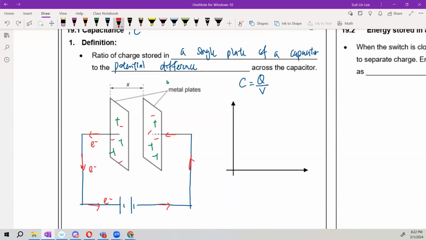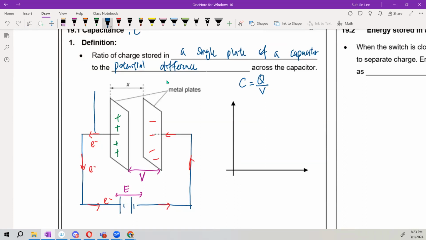So thanks to the battery, the negative charges will move to one side, making this side negative. And because the charges are removed from one of the plates, the other plate will be charged positive. This allows us to set up a potential difference across the plates, and this will continue until V is equal to EMF E.